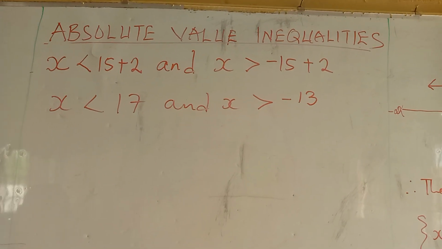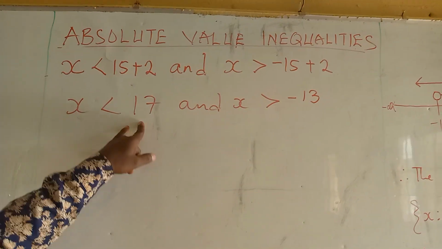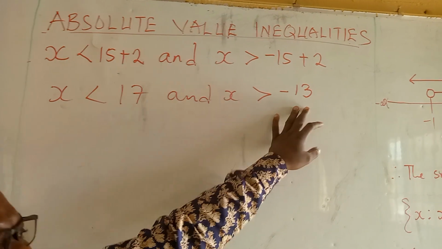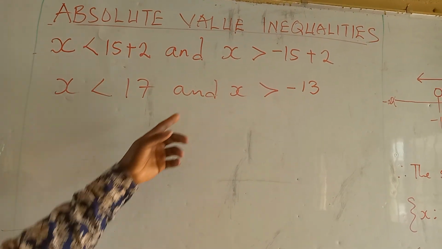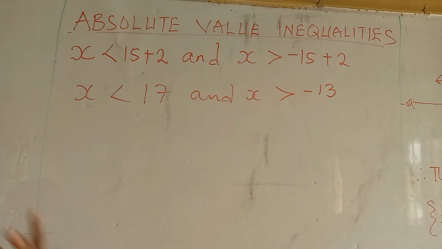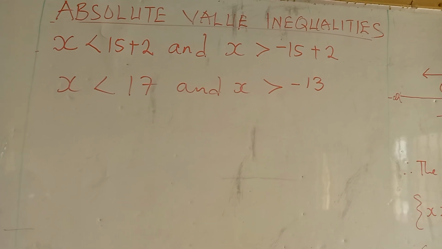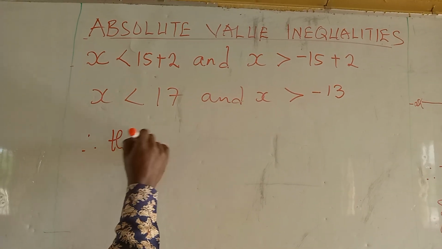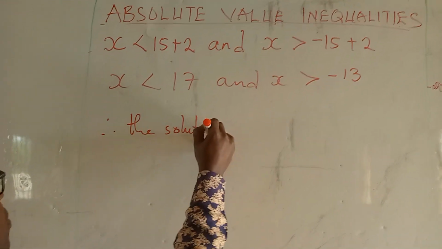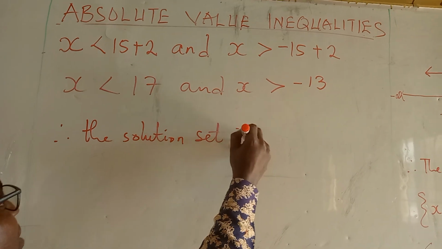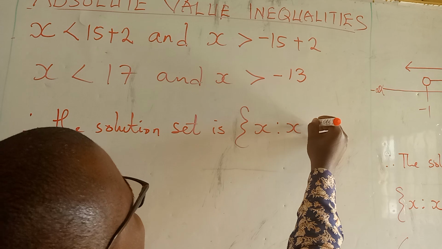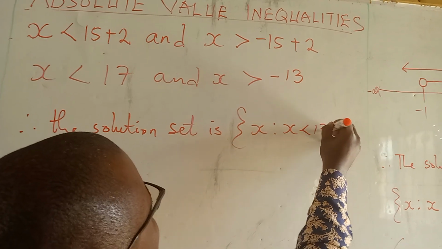As you can see, it is possible for a number to be less than 17 and at the same time greater than minus 18. So when it is possible, we use the word and. If it is not possible, we use the word or. So therefore, the solution set is x is such that x is less than 17.